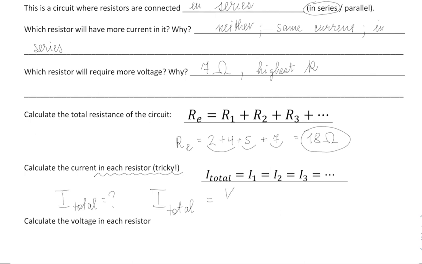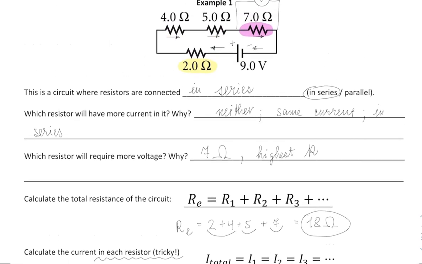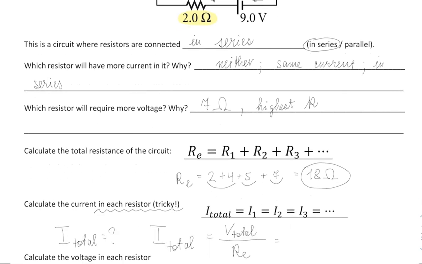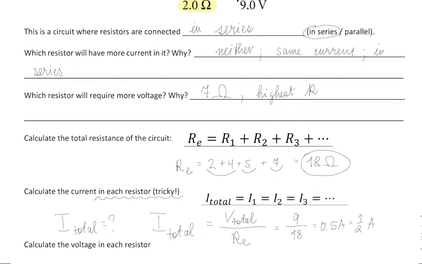It will be V total, which will be the voltage of the battery, divided by the equivalent resistance, or resistance total, if you will. So again, our total resistance is 18, and our total voltage is 9. So we'll do 9 over 18, which is 0.5 amps. Or you can say 1/2 if you want. Either way will work.